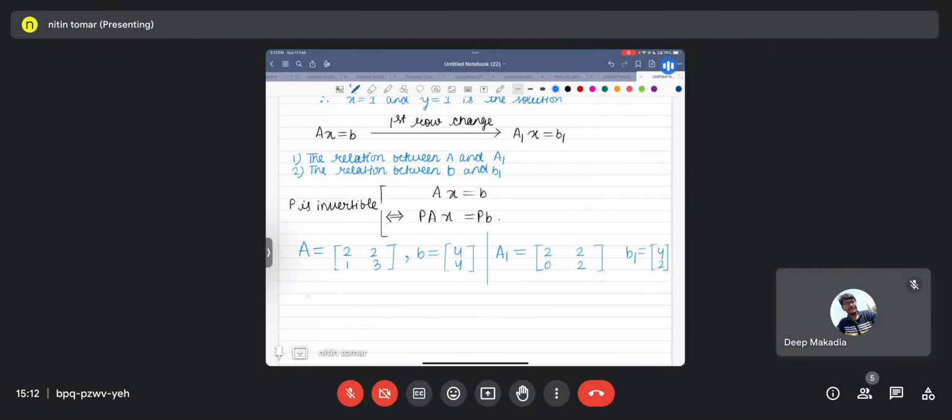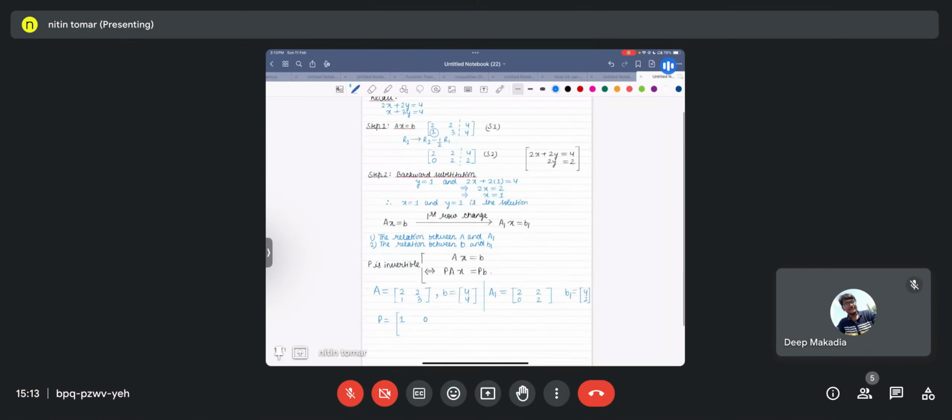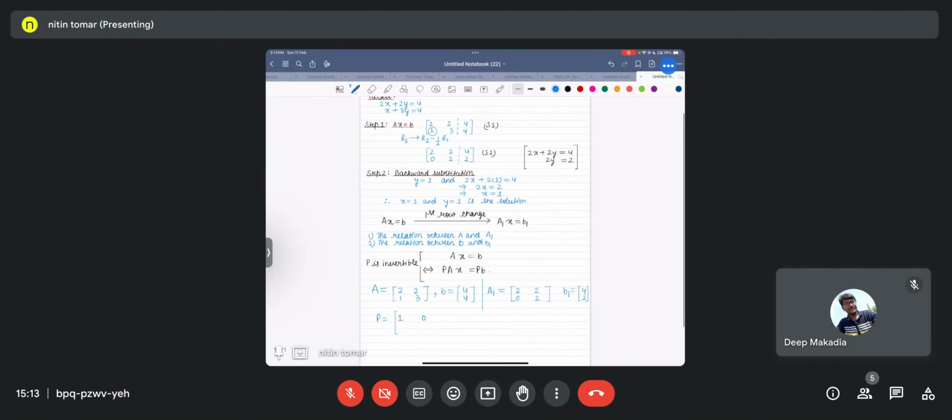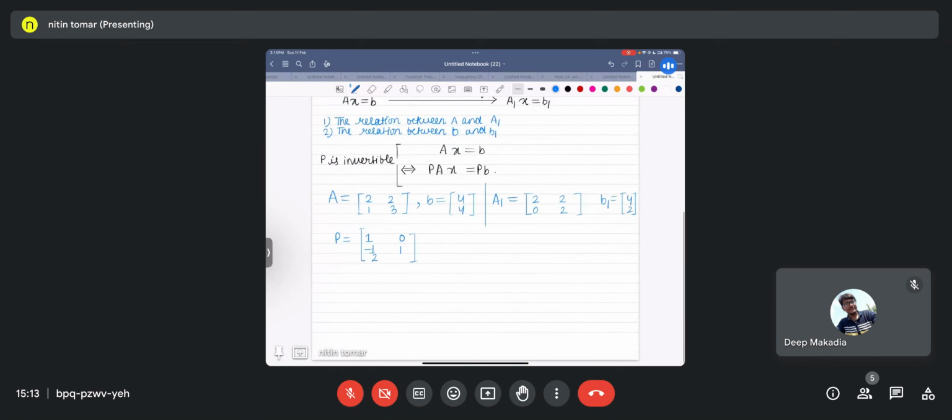Now if I take my P to be, let's say, just a minute, let me think. Is this an invertible matrix? P is invertible, right?